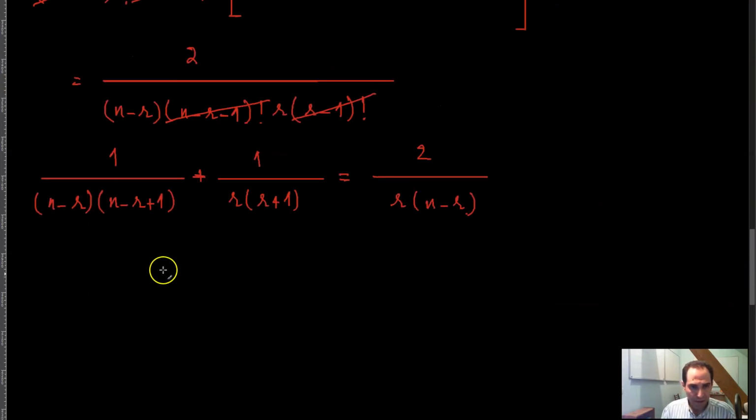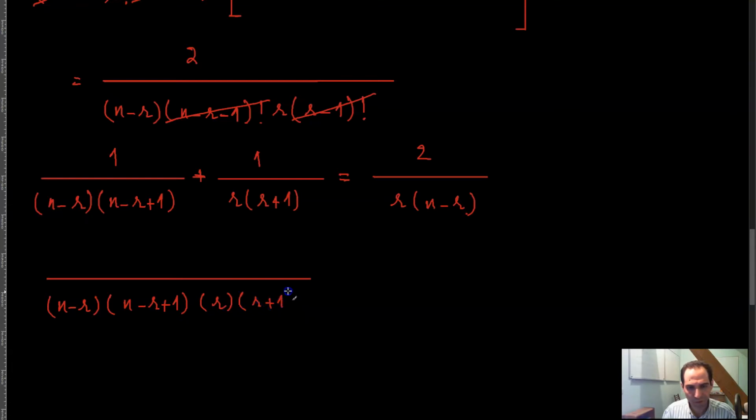Then you can basically take an LCM here of (n minus r) times (n minus r plus 1) times r times (r plus 1), and just add these two together, meaning that if you divide, you will get these two cancelled out, and then you'll have r times (r plus 1), plus divide these two, you'll get these two cancelled out, you'll have (n minus r) times (n minus r plus 1), right?